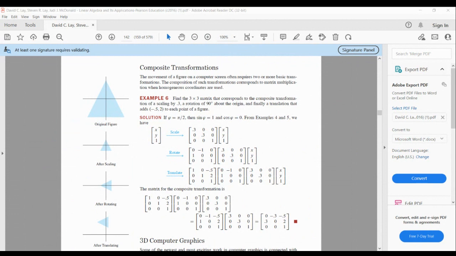Okay, so this is what happened. We did example 6, and there's the original figure. In the second picture, what does the figure seem to be doing?